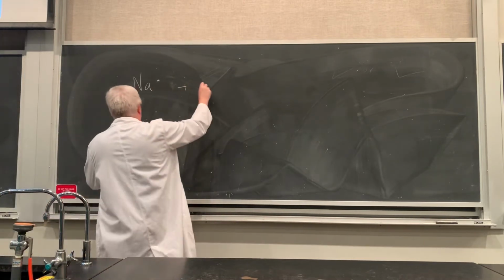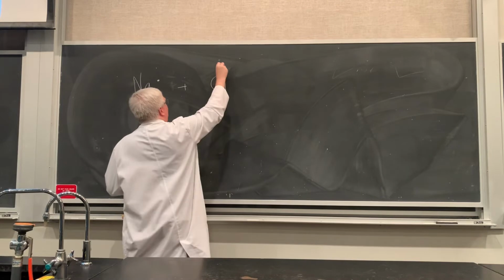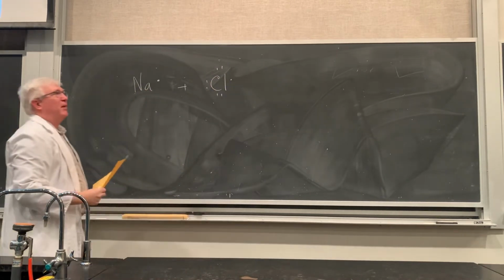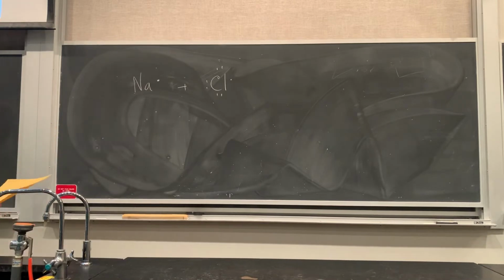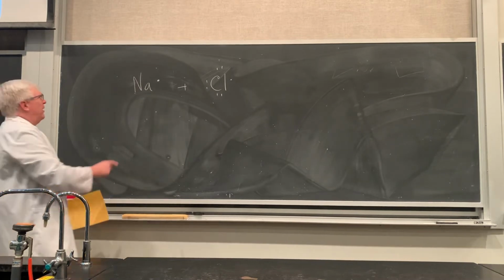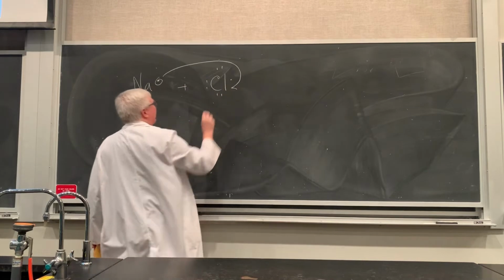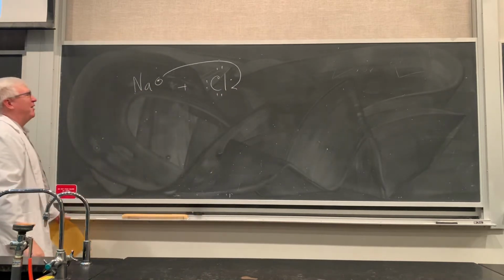And let's look at elemental chlorine. We have 7 valence electrons. It's right on the edge next to the noble gases. So what do we do here? Sodium will give up this electron. Notice I'm drawing a single fishhook arrow there.